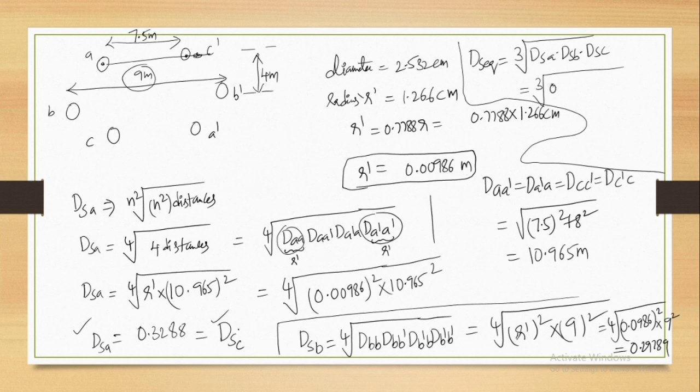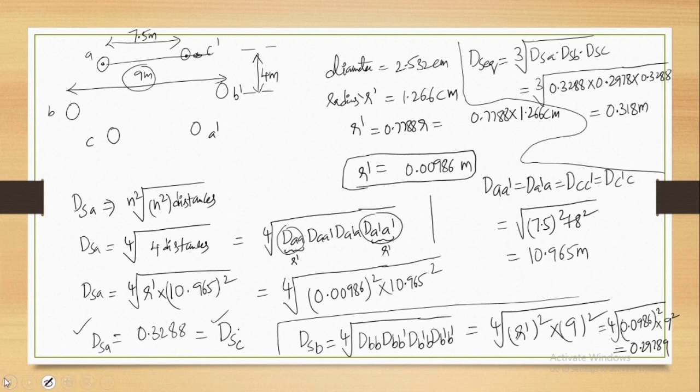DSA is 0.3288. DSB is 0.2978, and DSC is also 0.3288. So finally, if you evaluate this, you will get the DS equivalent as 0.318 meter.